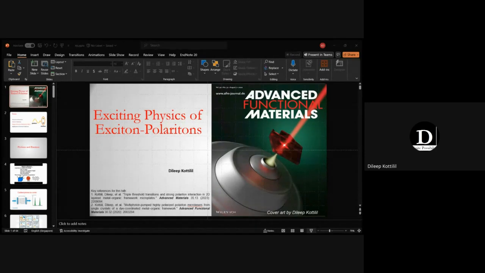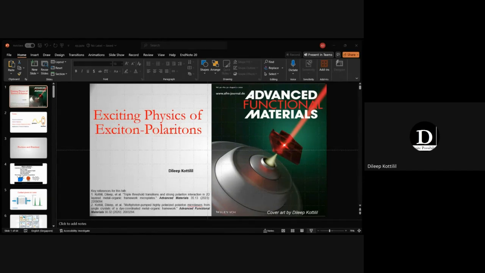Today we'll be covering a bit of detail on exciton-polaritons and some background physics on polaritons. The aim of this talk is to give some introduction on exciton-polaritons. It's not going to be an exhaustive talk in the sense that I'm not going to give you a lot of charts or plots or a lot of advanced physics based on polaritons.